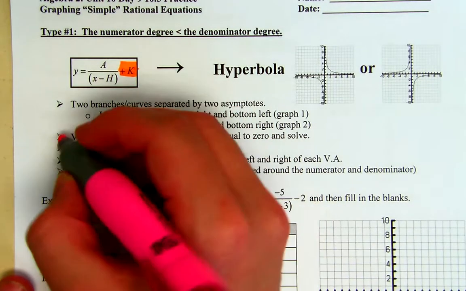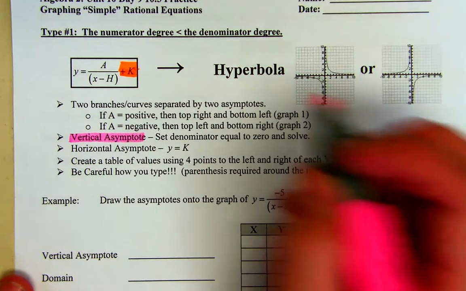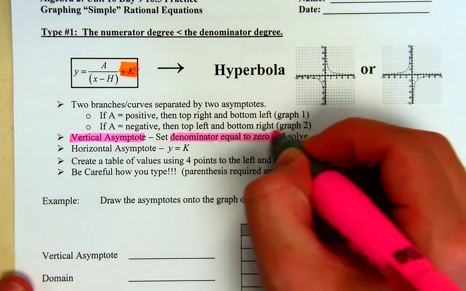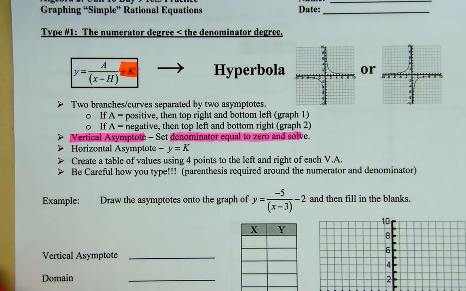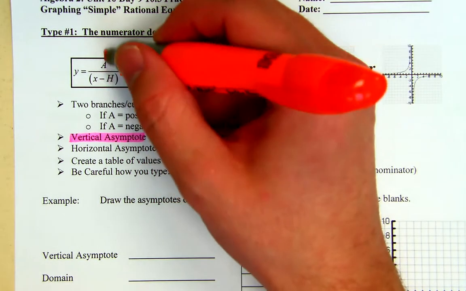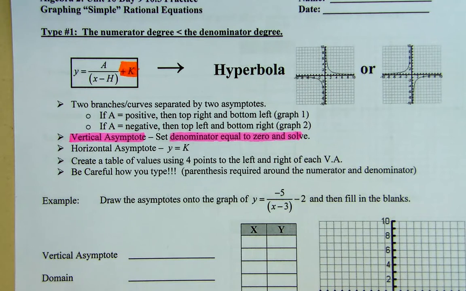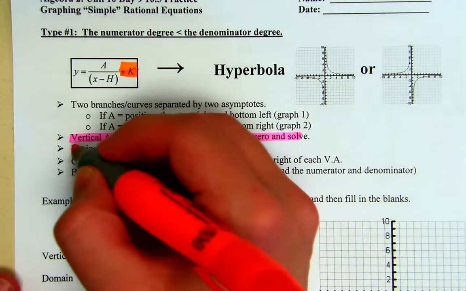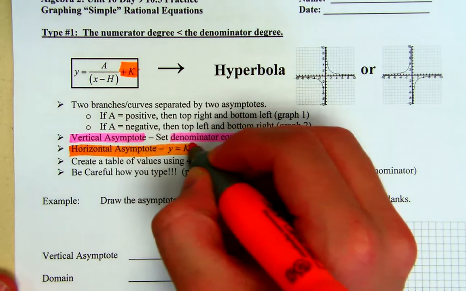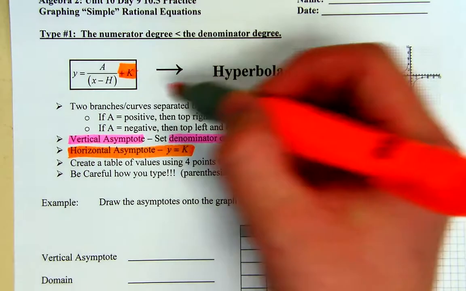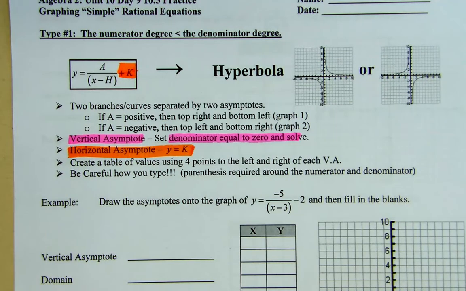That was the vertical asymptote we did yesterday. Now the horizontal asymptote, before that was our ratio of a to b or a to c. Now it's y equals k. So whatever that k is, that is going to be our asymptote.